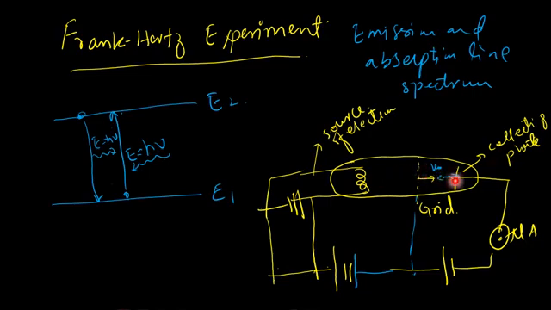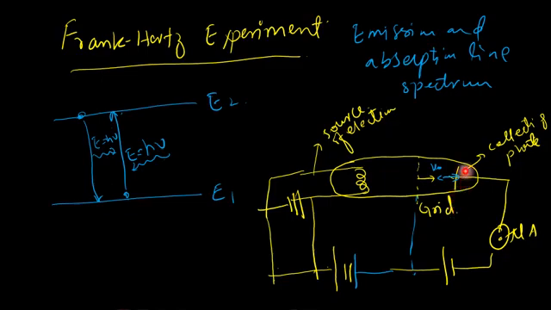So here he developed the potential difference between the grid and this collecting plate. This potential difference between the collecting plate and grid prevents electrons having energy less than a certain minimum energy from reaching the collecting plate and contributing to the current, which can be shown by the ammeter.